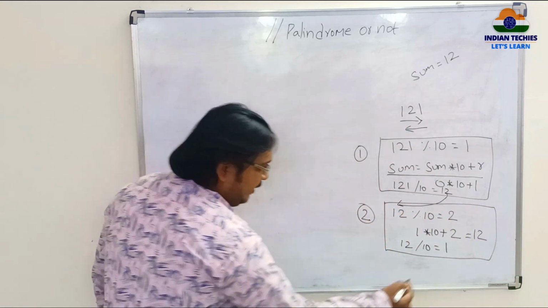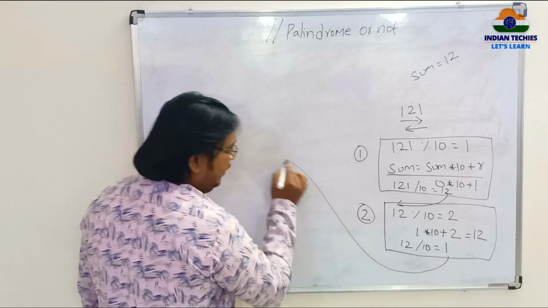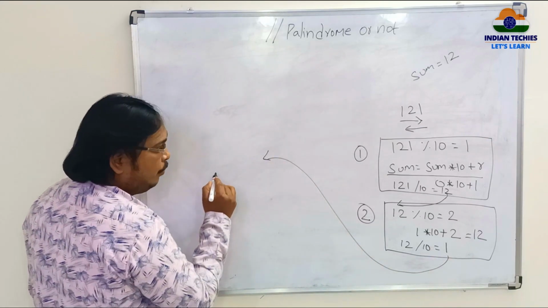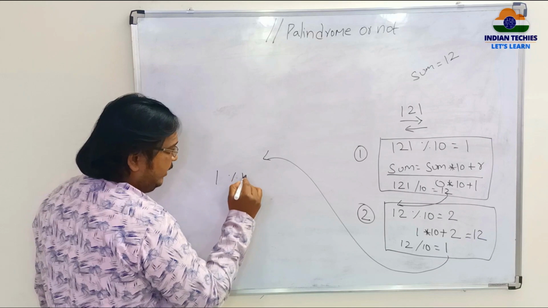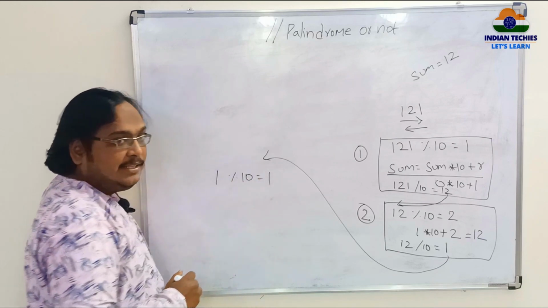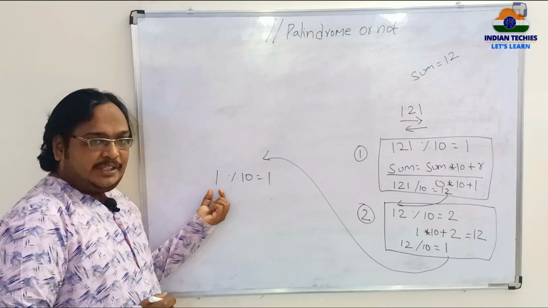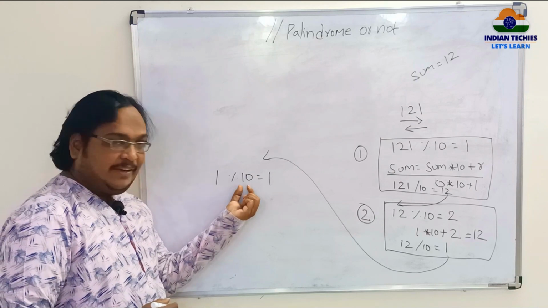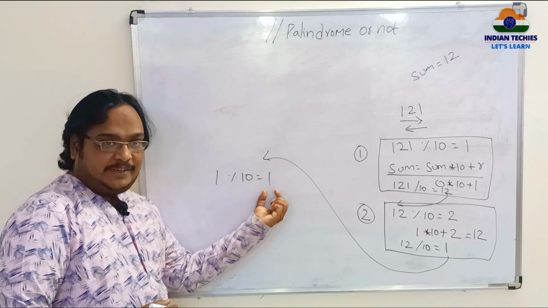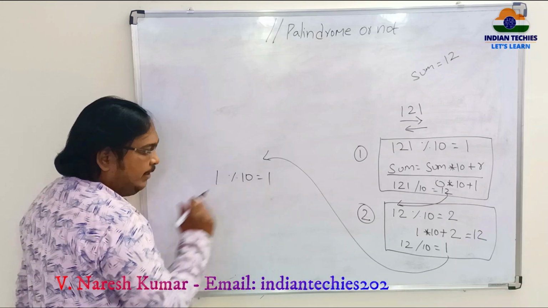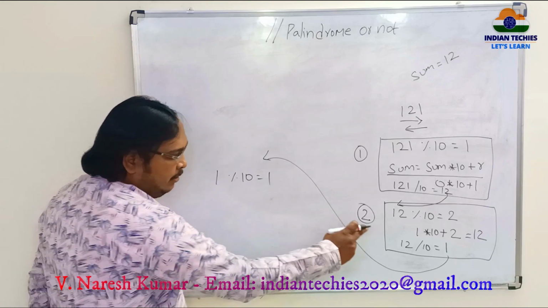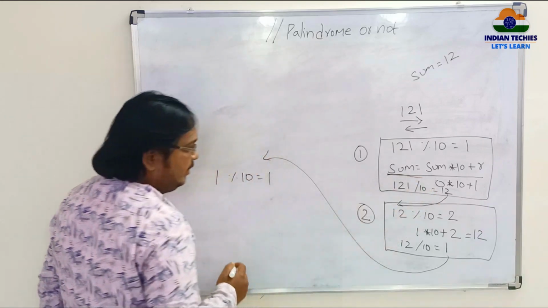Repeat the same step, means you have to take this value 1. Now, 1 mod 10 is equal to 1 only. As I already told you, if the left side value is less than the right side value, the result will be the left side value. So 1 mod 10 is equal to 1. Apply this formula, this second step.